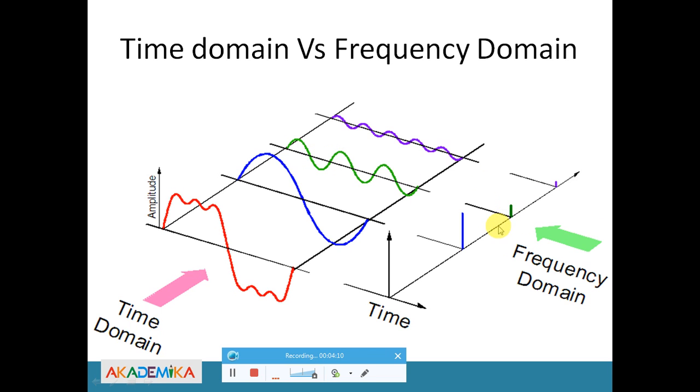That's why on the frequency scale it is on the lower side, and its magnitude is also less. The last one is a high frequency; the wavelength is very small, so the frequency is high, and the magnitude is small. So this red signal contains three frequency components: blue, green and lavender. So the three components in the time domain are shown separately in the frequency domain.